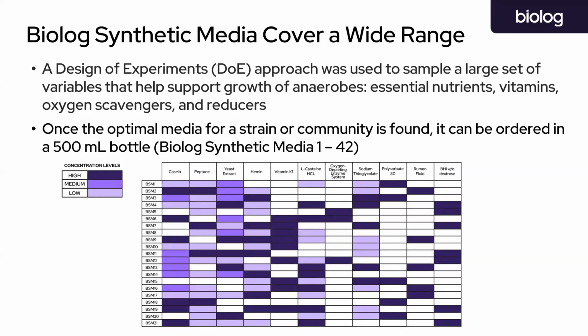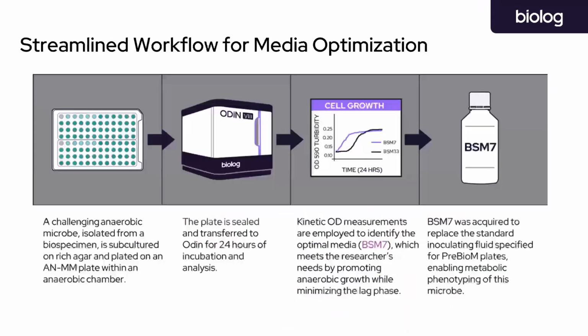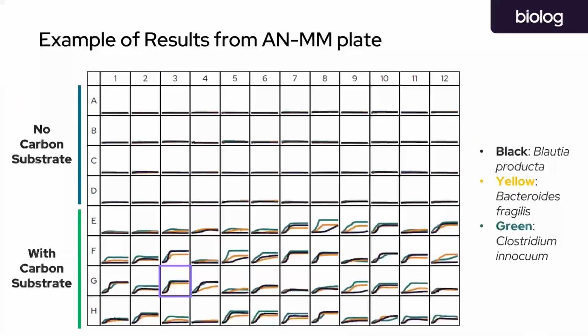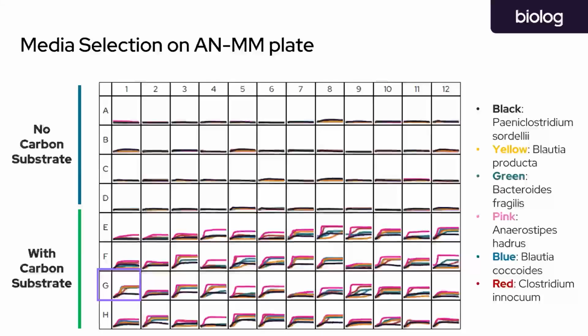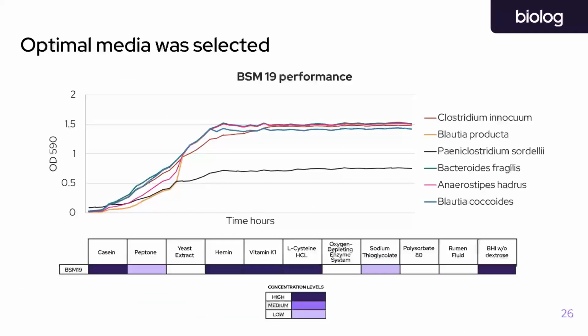Quickly, can users expect to observe measurable results with the anaerobic MediaMatcher plate? Let me jump to a different slide for that. Let's see our growth curves. Here we go. So our experiment lasted for 24 hours. However, we were able to see results much sooner than that.